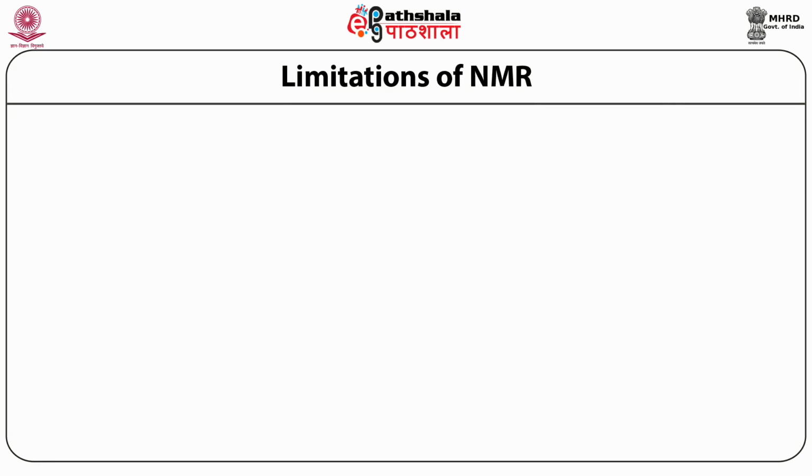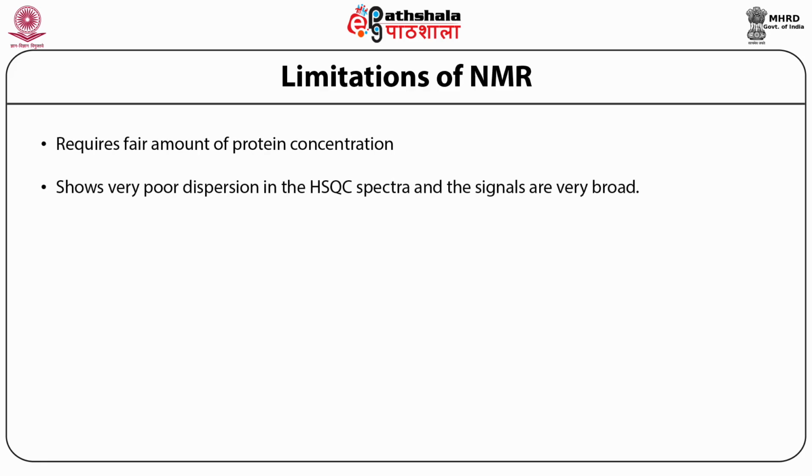Even though we have seen how useful nuclear magnetic resonance is, it has certain limitations. What are they? It requires a fair amount of protein concentration. It shows very poor dispersion in HSQC spectra and the signals are very broad.